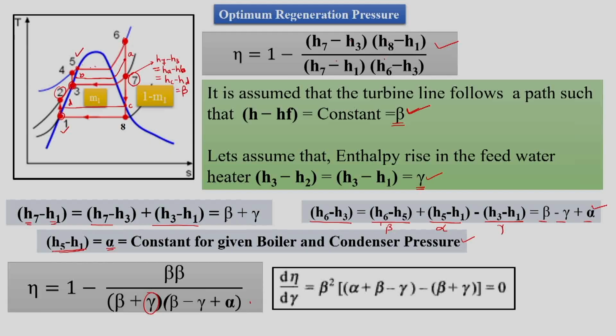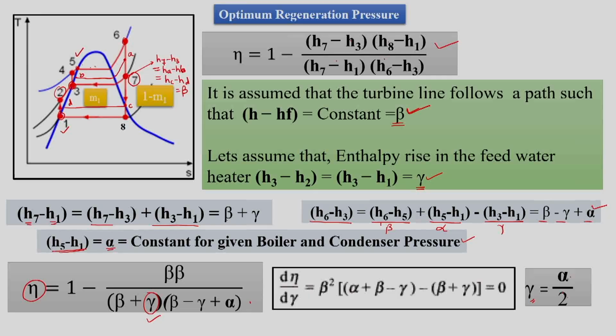We are interested in finding the maximum efficiency for a given gamma, so in the efficiency formula we only have gamma as a variable. We differentiate efficiency with respect to gamma, get a formula which we equate to 0, and this leads to gamma equal to alpha by 2.